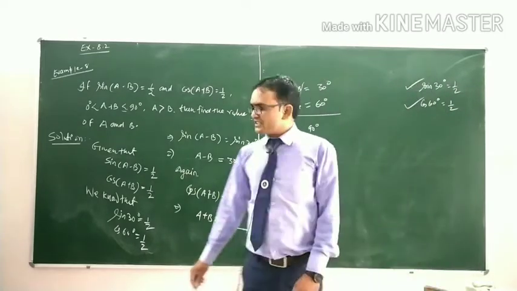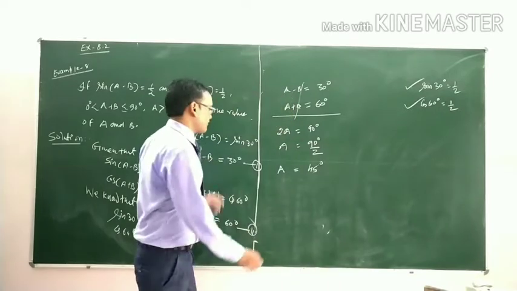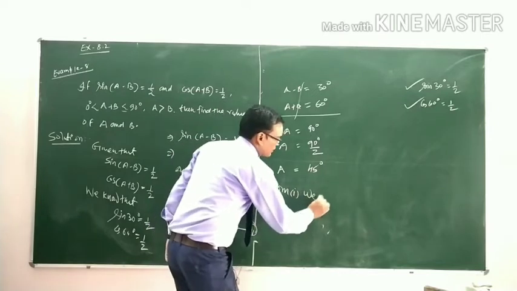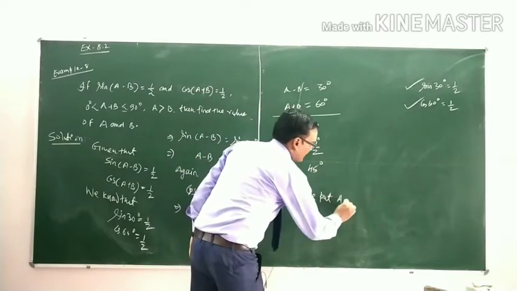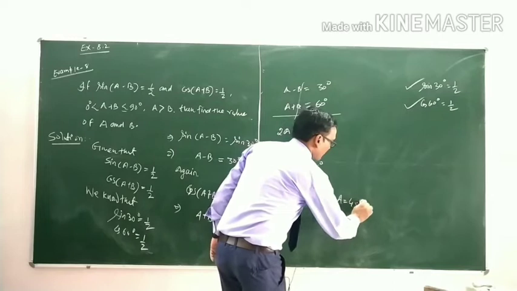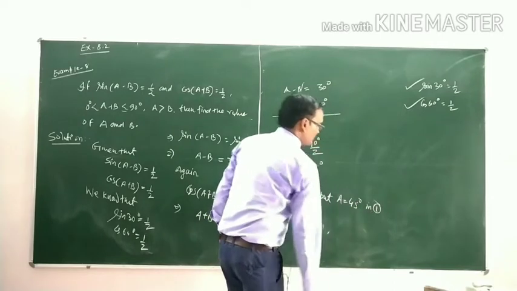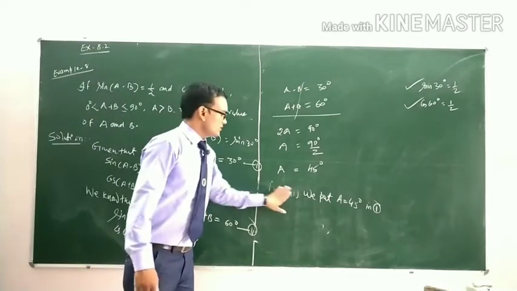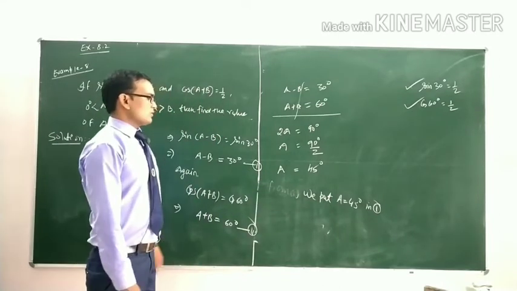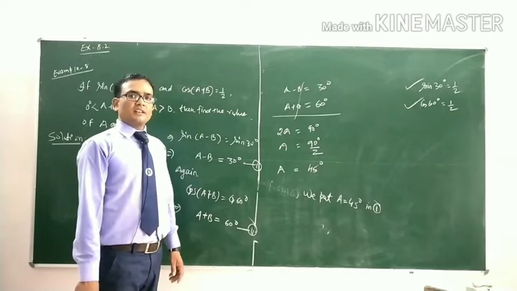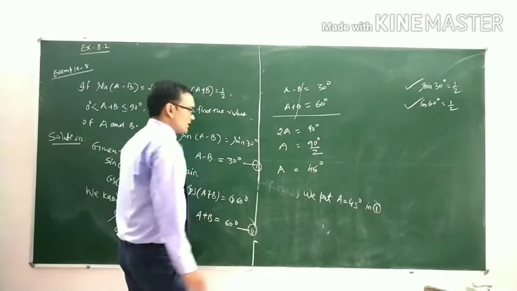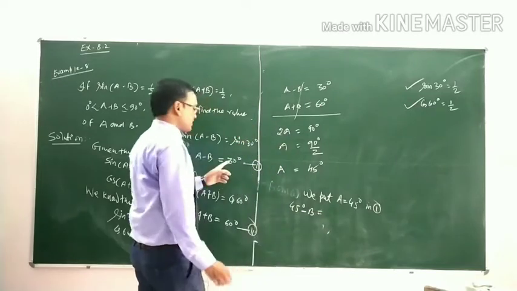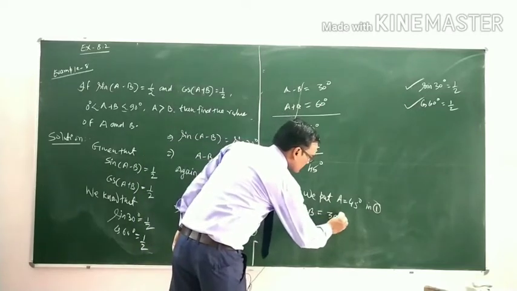From equation first, we put A equal to 45 degree in equation 1. 45 degree minus B equals 30 degree.